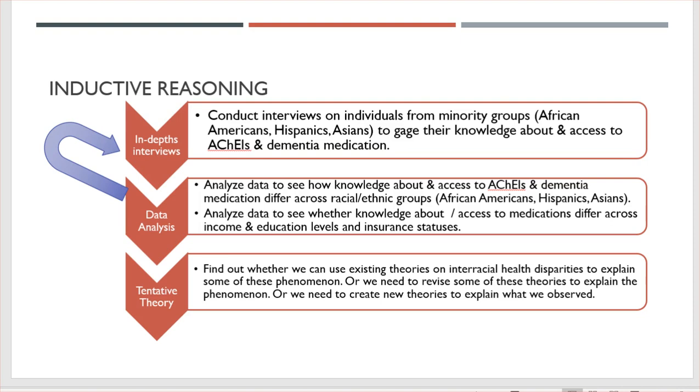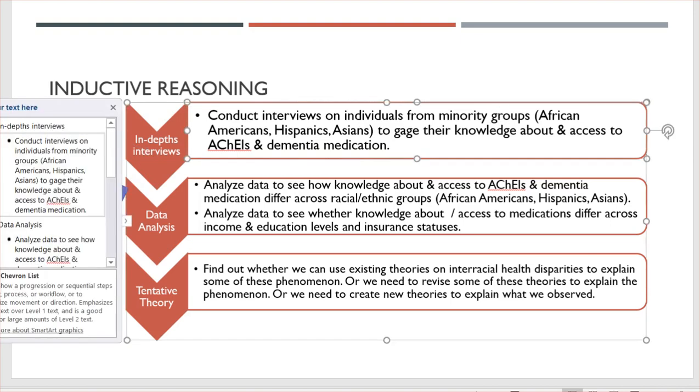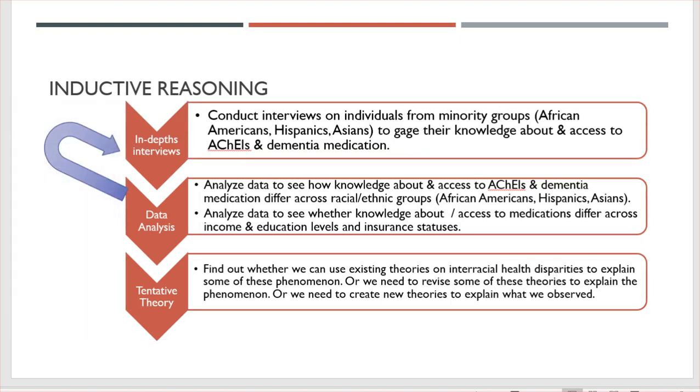Oftentimes there is, and because of that, we revise our interview questions. See the arrow here. This is where grounded theory comes in. We revise our survey questions. We revise all our open-ended and closed-ended survey questions. And maybe we go back to interview the same groups of people if they are willing to be interviewed.